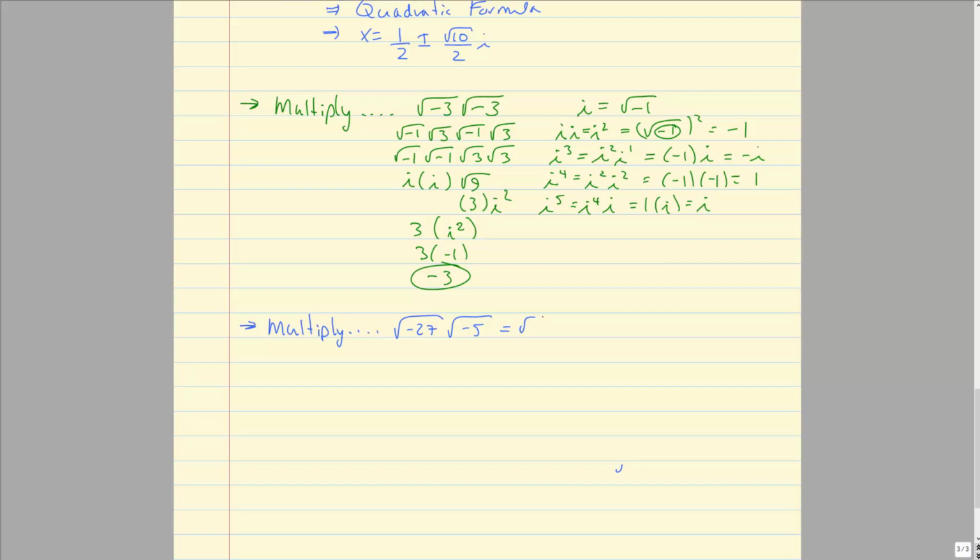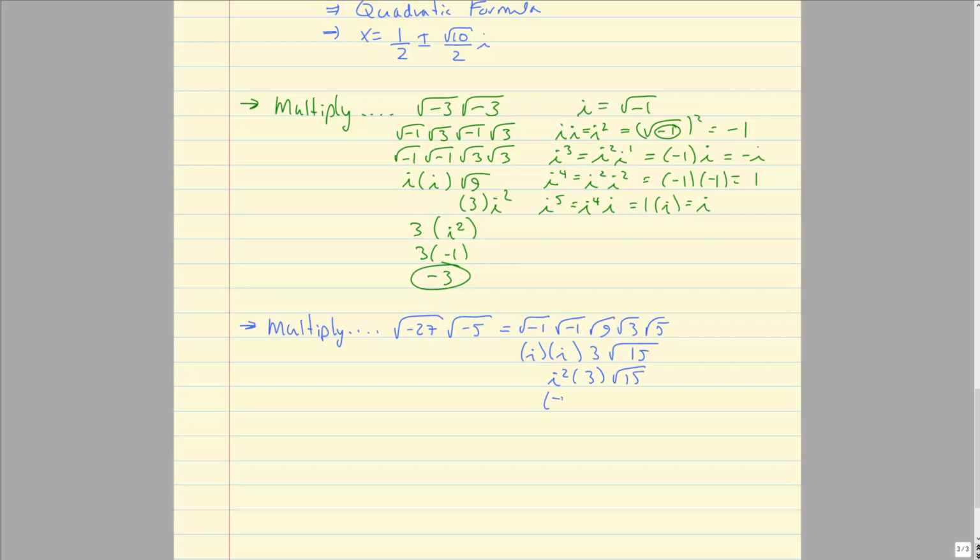But again, I can pull out that square root of negative 1, square root of negative 1. 9 times 3 is 27, so I want to break that out in such a way that I have a perfect square. And then I'm left with the square root of 5. So again, i times i, square root of 9 is 3. And then I'm left with root 3 times root 5, which don't simplify further, so I'm just left with the square root of 15. So i times i is i squared times 3 root 15.